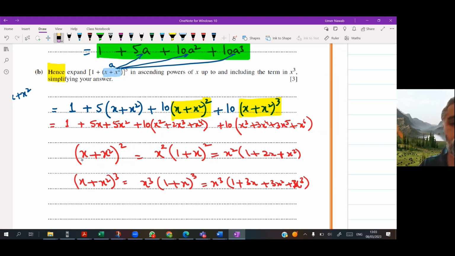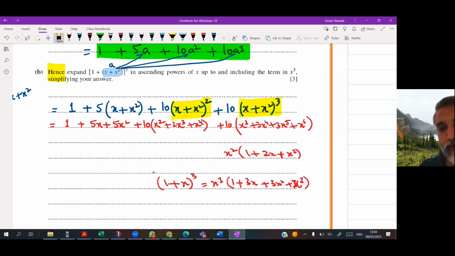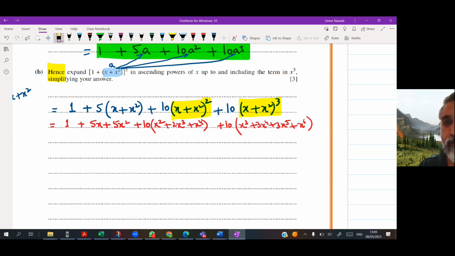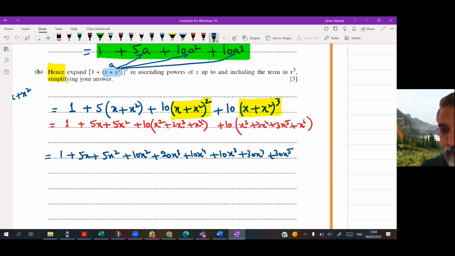But anyways, whichever method suits you, you can follow it and just solve this question. Now I'm going to expand 1 plus 5x plus 5x squared plus 10x squared plus 20x cubed plus 10x power 4 plus 10x cubed plus 30x power 4 plus 30x power 5 plus 10x power 6.